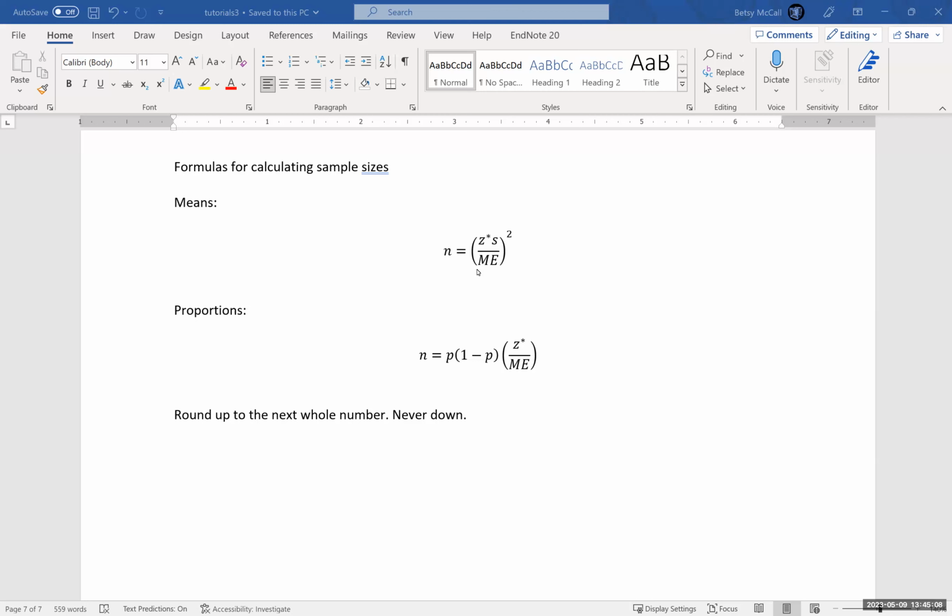But if your sample size is particularly small, normally you want to round up, if for no other reason than because your z-score is an estimate. And when you actually calculate your margin of error, it will be wider than it would be if you were using the normal distribution. So for all kinds of reasons, always round up to the next whole number, never down.